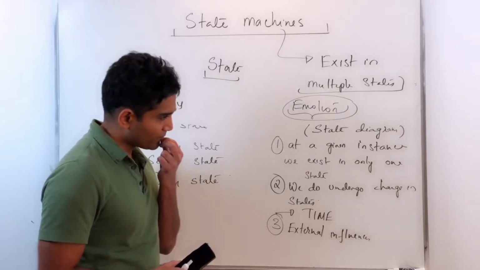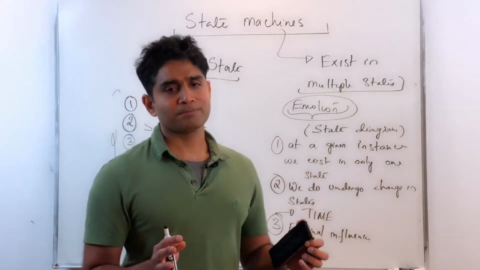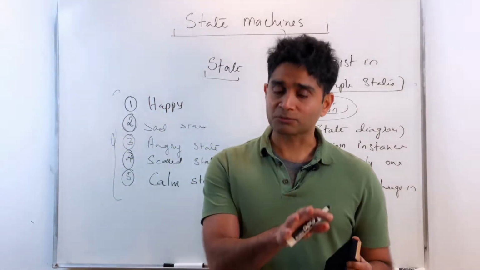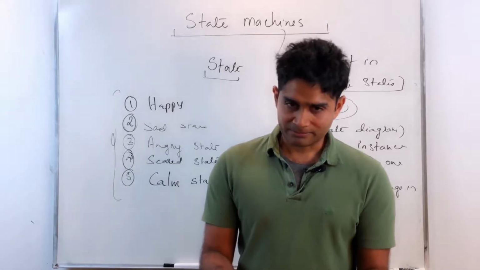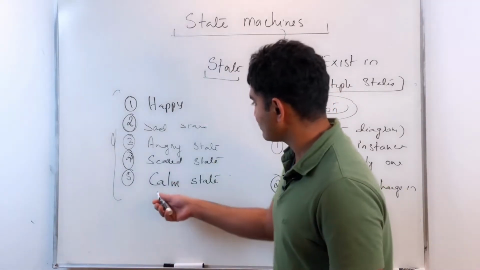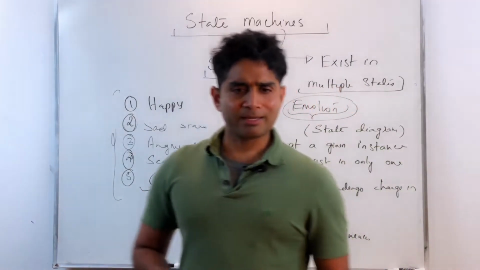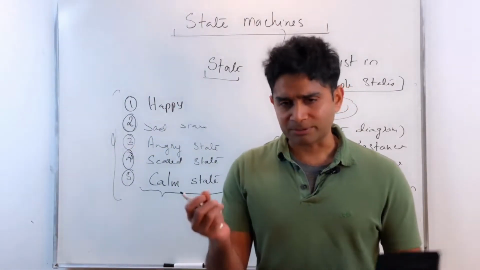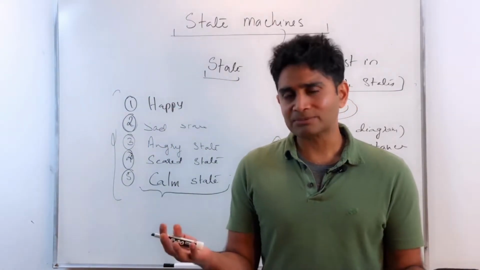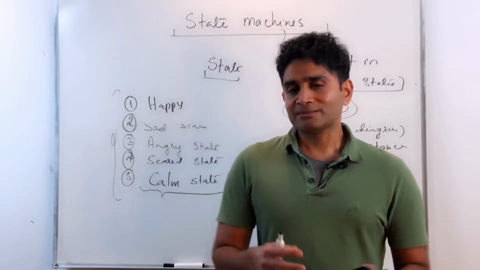Thoughts. Okay. Can I say at a given instance, external influences is one aspect, and also my being, right? Let's say I'm in a calm state. Okay. And something happens. I'm in a very calm state and I see a snake.